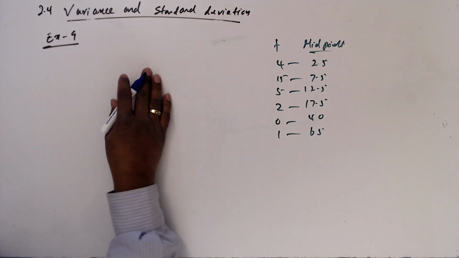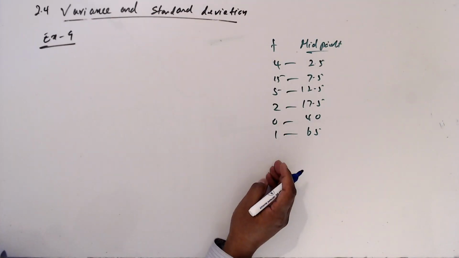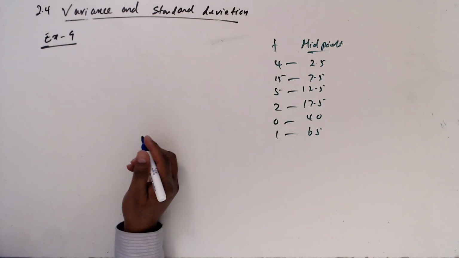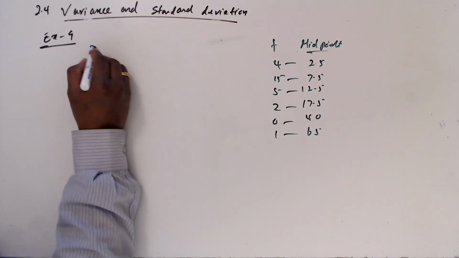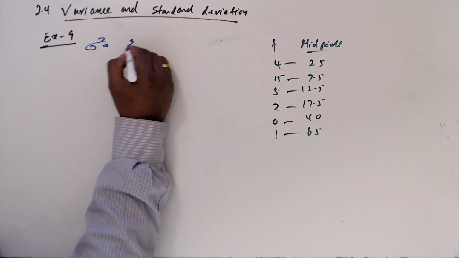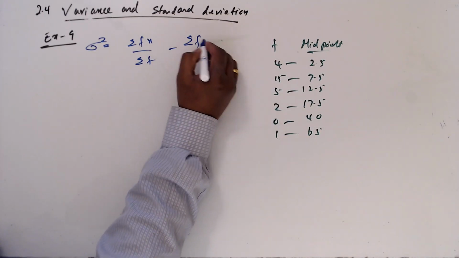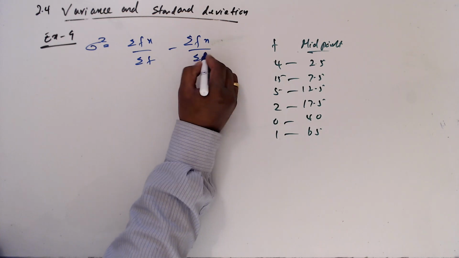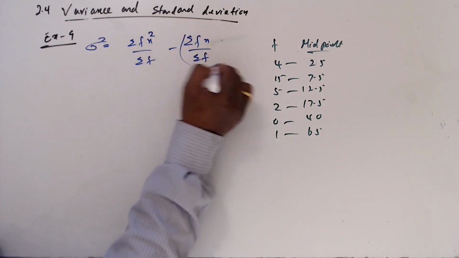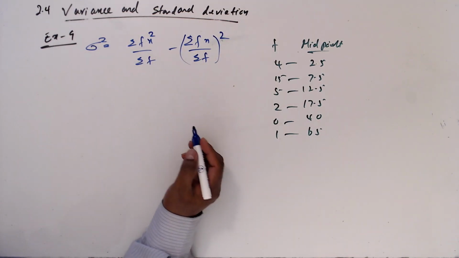Example 9 in the book. This is the frequency and this is the midpoint. So sigma square equals summation fx square over summation f, minus summation fx over summation f, and this is x square and this is square.